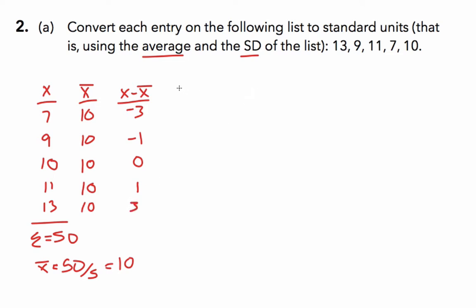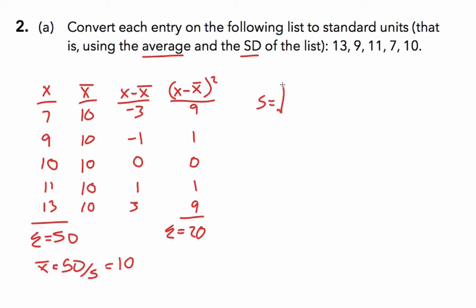Remember that these sum to 0, so we need to square them to get values we can work with. The squared deviance values are 9, 1, 0, 1, and 9. These sum to 20, and we can use that value to calculate the standard deviation.